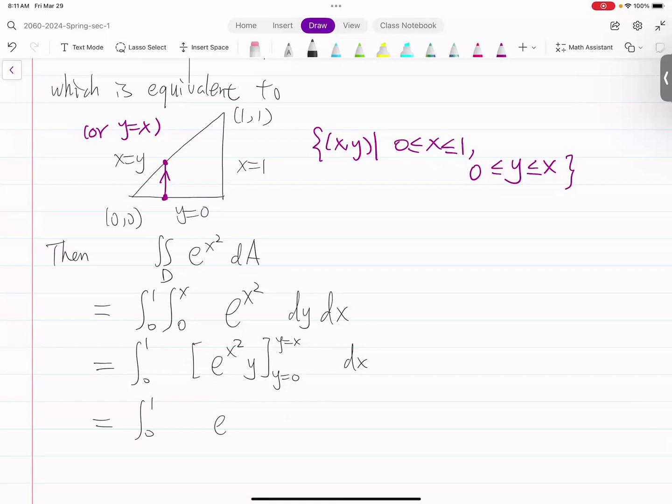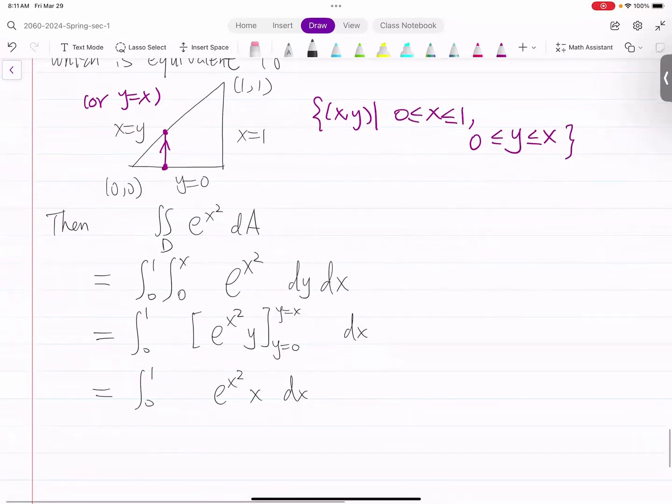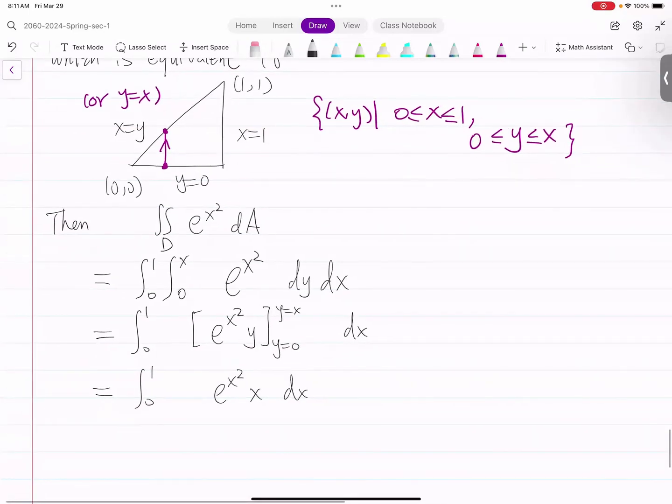Okay. So now you see something really nice. So we have e to the x squared multiplying by x, and then we copy the dx at the end. And now this is definitely better than only e to the x squared, right?